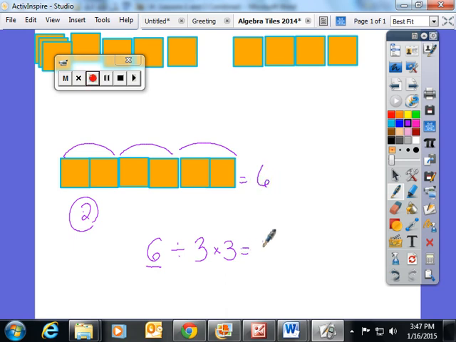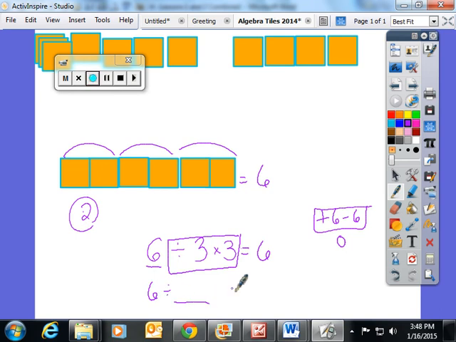Then the students and I talked about this value, and we compared it to the addition and subtraction value. Plus 6 minus 6 has a value of 0. However, this does not have a value of 0. We talked about 6 divided by what number is going to give you 6 back. It can't be 0. And the students came to the conclusion that 6 divided by 1 gives them 6 back.